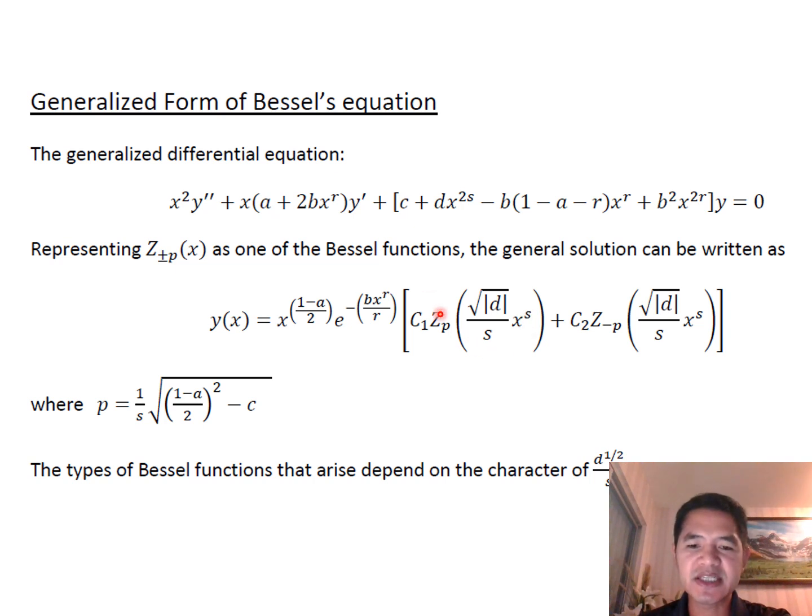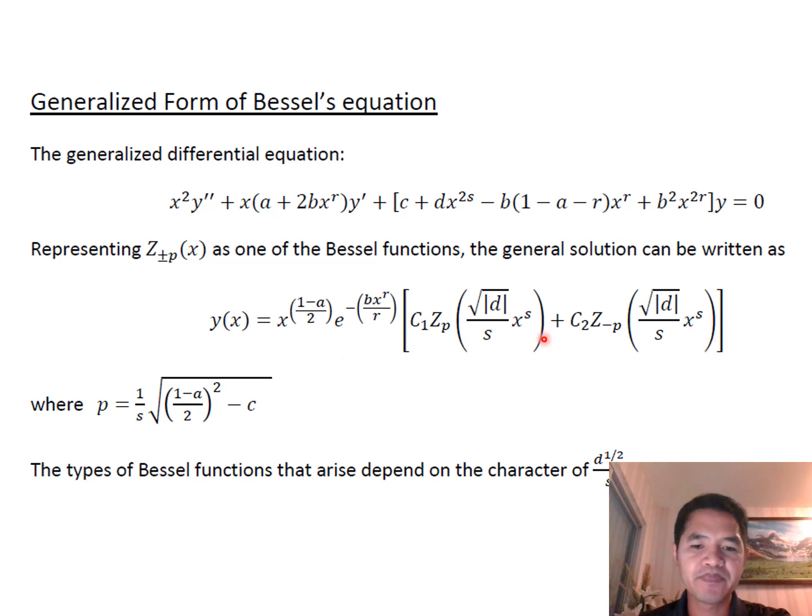Then plus c2 z minus p of the same function, the square root of the absolute value of d over s times x to the s.